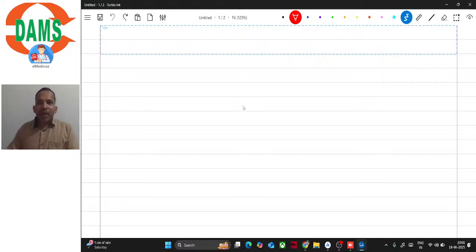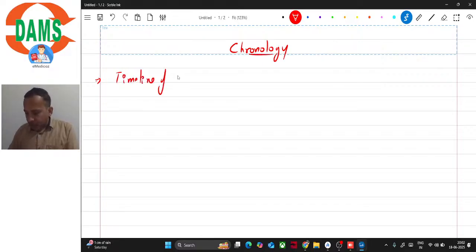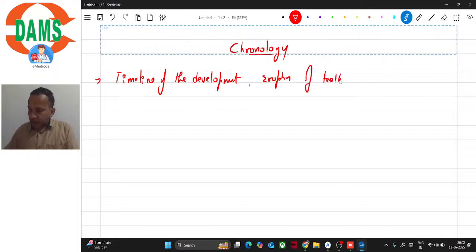So, in today's class, we'll discuss the chronology of dentition, right? Chronology of dentition. So, what is chronology? Basically, chronology deals with the timeline of the development, like eruption of tooth, development, eruption, root completion, so all those things.